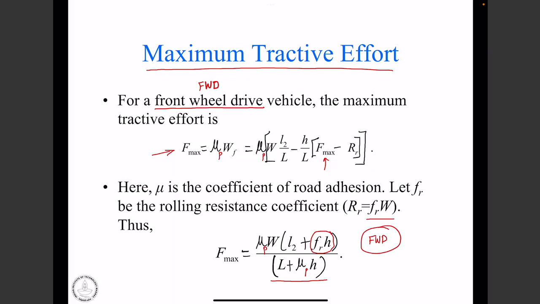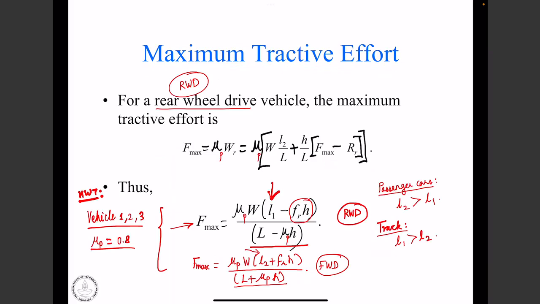By the way, I don't know whether I gave the values of FR in the table. Suppose I had not given the value of rolling resistance, you may neglect it. Let me quickly check. Okay, in that homework, yes, I did give the values of FR.